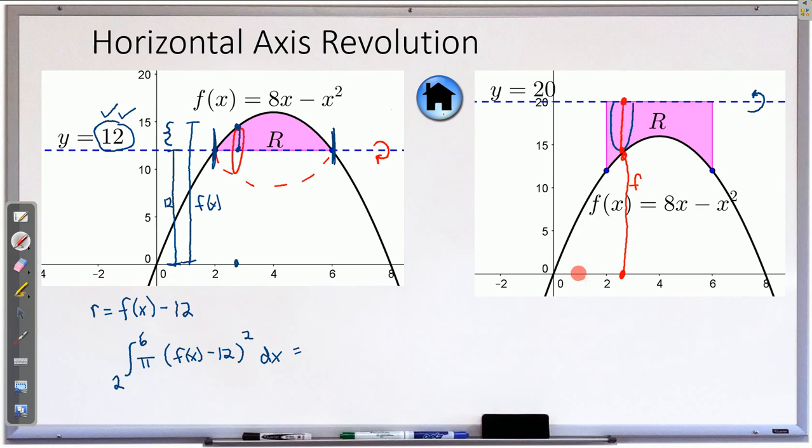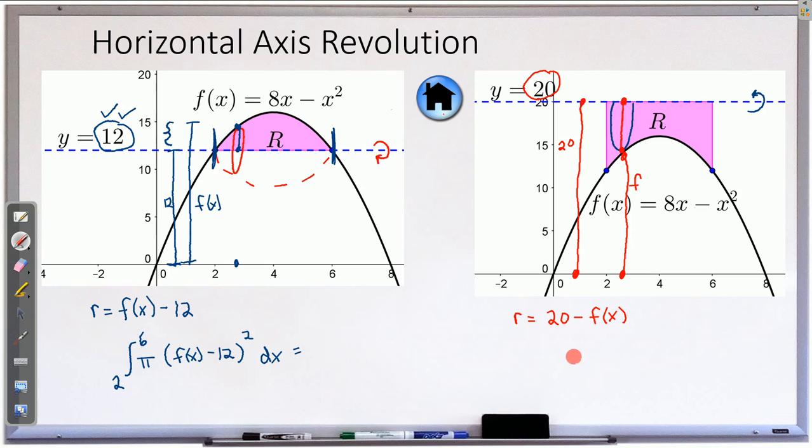The distance from the bottom to the top is 20. So if I want the amount between them, I subtract big minus small. So the radius is going to equal 20 minus f of x.